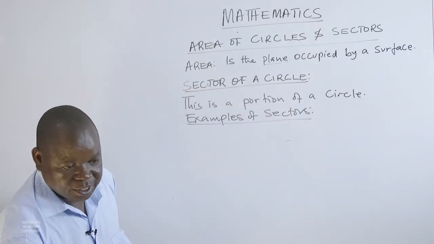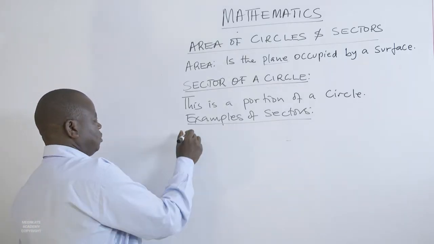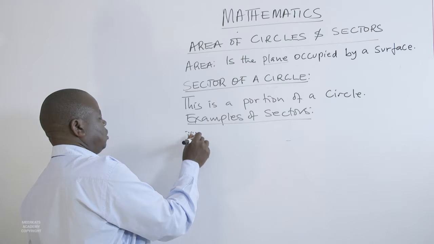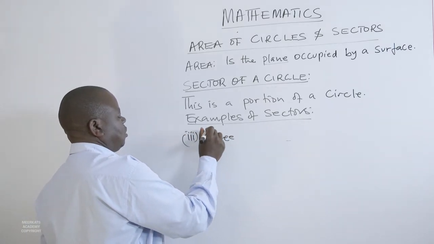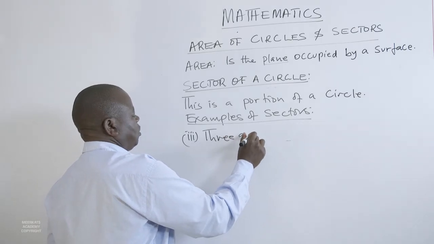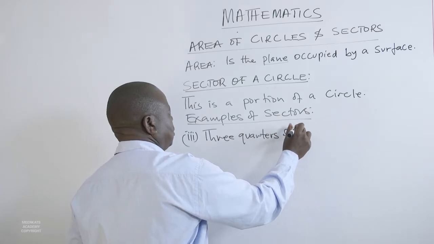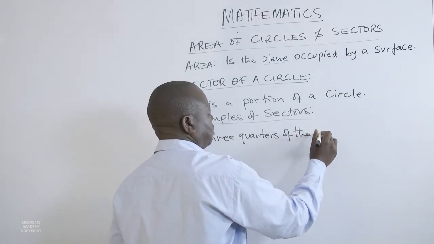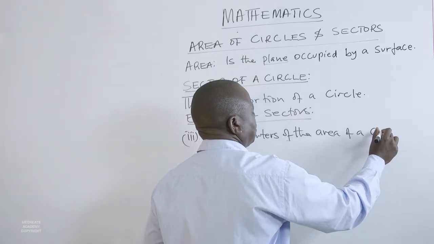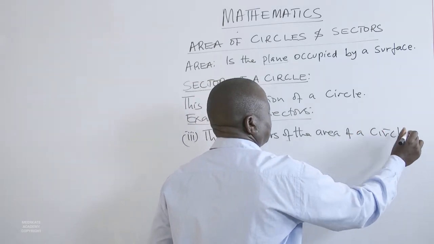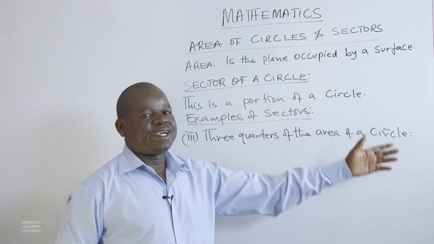Let's go to the third of the obvious portions of a circle: three-quarters of the area of a circle.